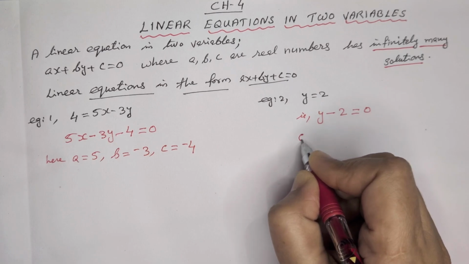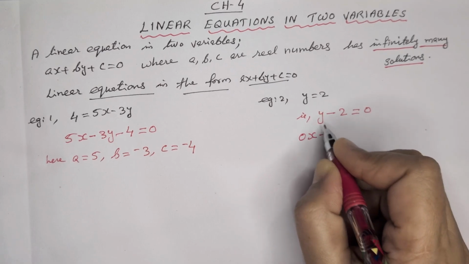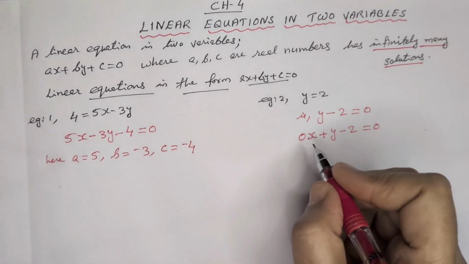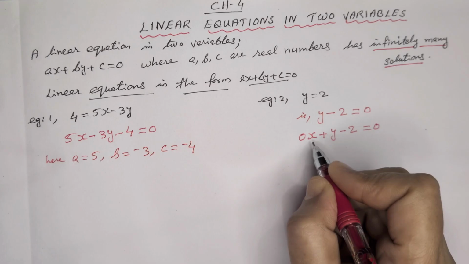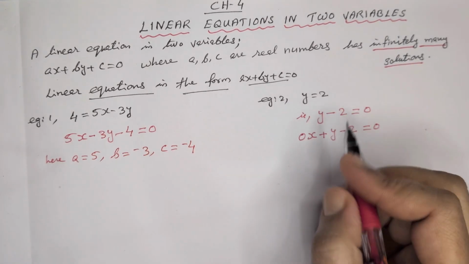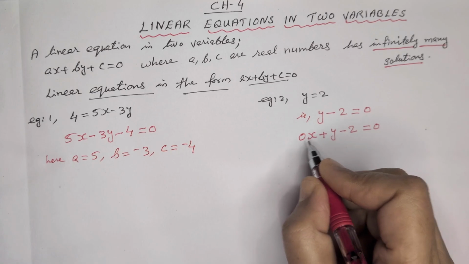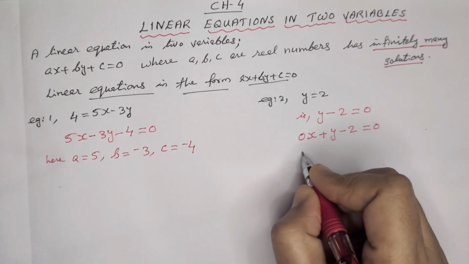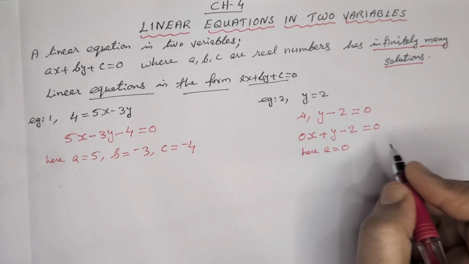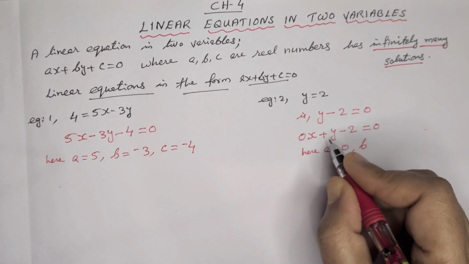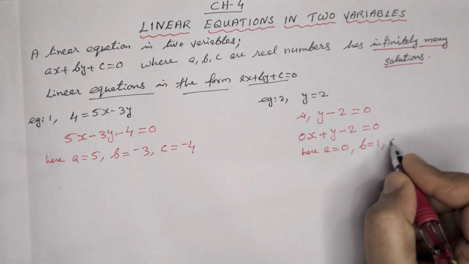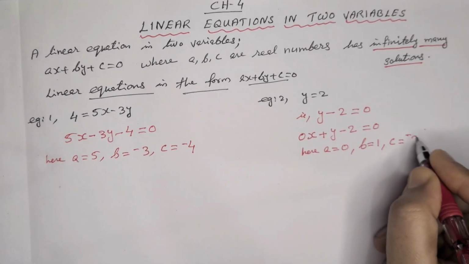So we can write 0x plus y minus 2 is equal to 0. 0x means that term is not there, but to make it the standard format we add one more variable and put it as 0x. And here a is equal to 0, the coefficient of x; the coefficient of y is 1 into y, so b is equal to 1; and c is equal to minus 2.